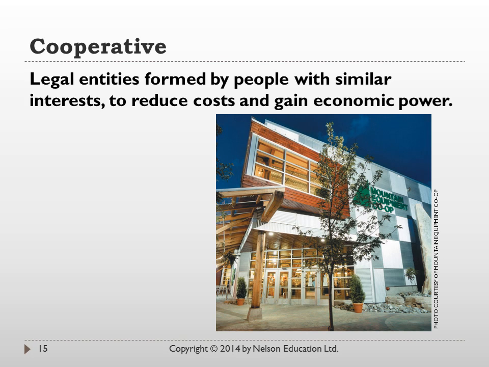So the primary purpose of a cooperative is to meet the needs of the members, whatever the cooperative is designed to do, whether it be to gain bargaining power or to reduce costs or provide financial services to the membership base, rather than maximizing the value of the company, which is the common business objective for other forms of business organization. So the purpose typically differs from other forms of businesses in Canada.